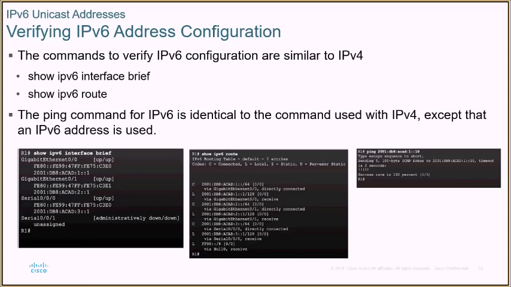So how do we verify address configuration? They're pretty much the same on V4 and V6, except on V6 you put IPv6 in the command. And so show IPv6 interface brief gives you this information. It tells you each of your interfaces, and it tells you the addressing information. As you can see, this doesn't have manually assigned link local addresses.